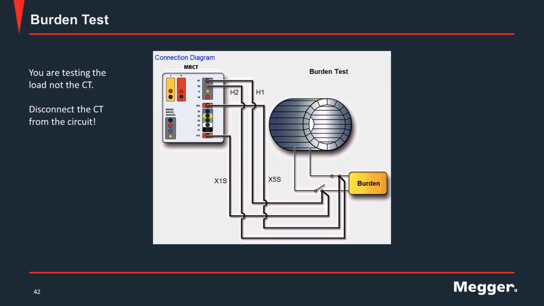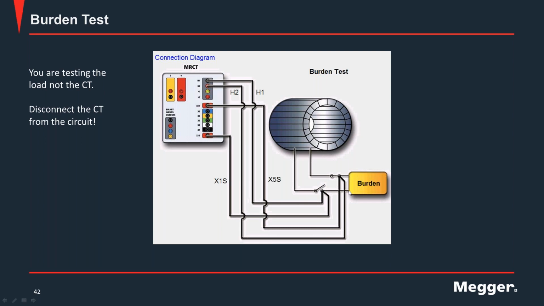Now, when we do the burden test, in our case with the MRCT, we are not actually testing the CT here. We are testing the load of the CT. So we are getting how much VA or how many ohms we have with this burden.